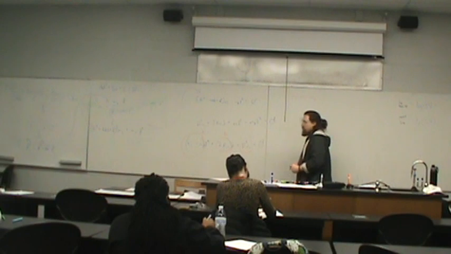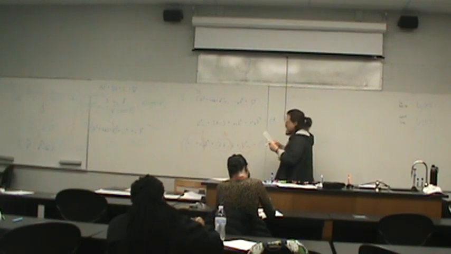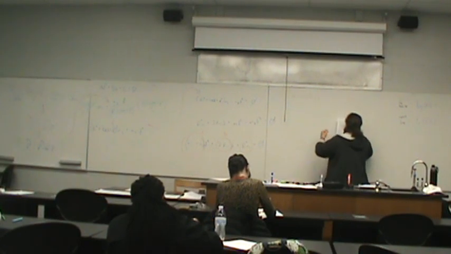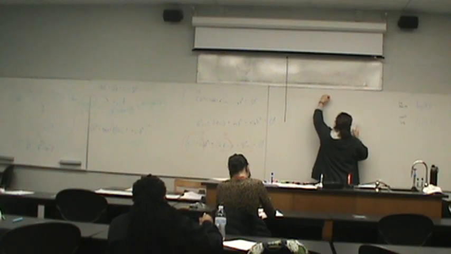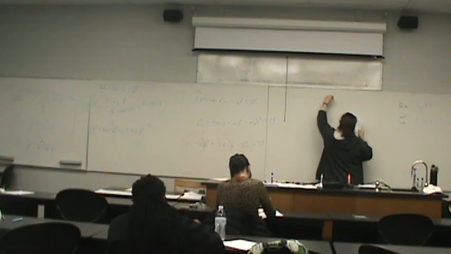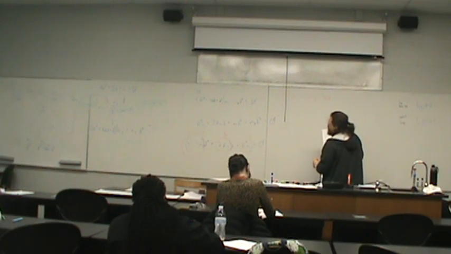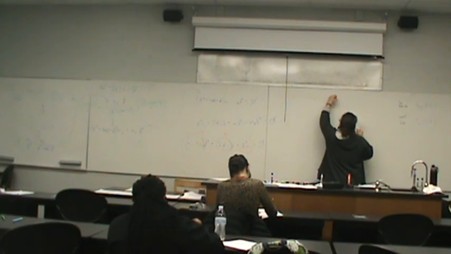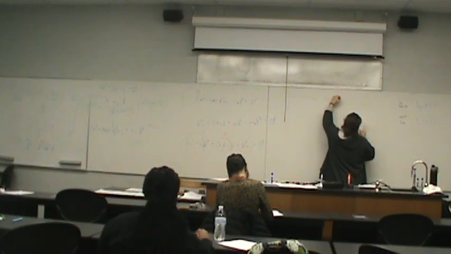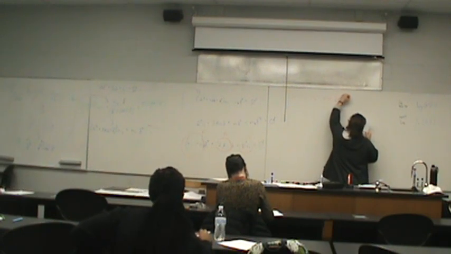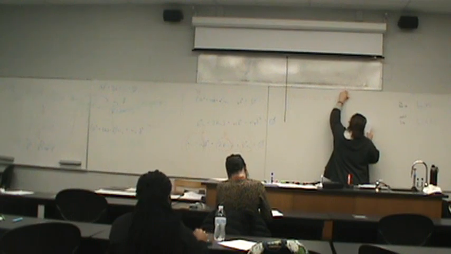So, M1 is defined as 324, and M3 is defined as 1.03 times 10 to the 24th power.